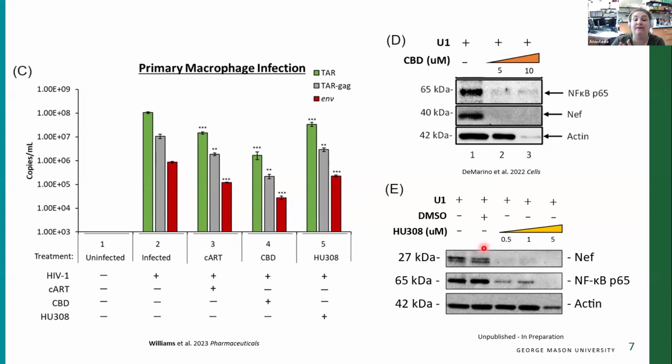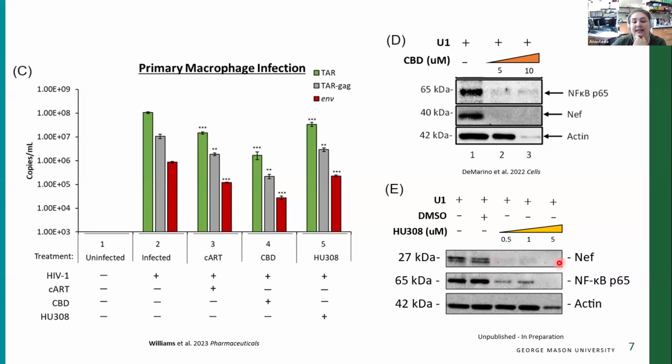Not just with viral transcripts, but we wanted to see if this is actually impacting the proteins as well. Again, the proteins can be released and affect neighboring cells. What we see is with either CBD or HU308 in increasing amounts, there is a decrease in viral NEF within the cells. These are chronically infected monocytes, or U1, that were treated with either CBD or HU308.